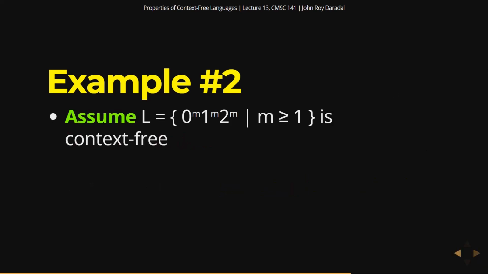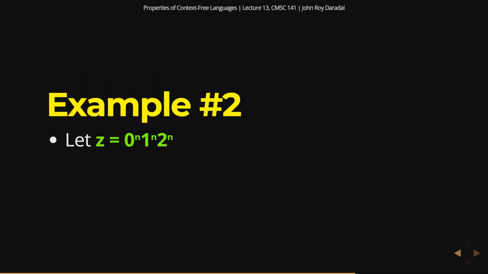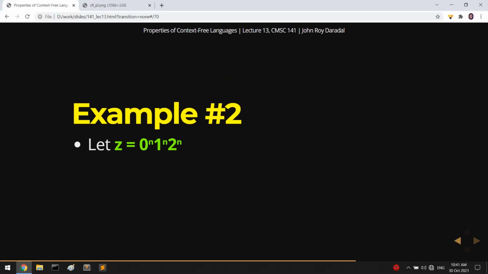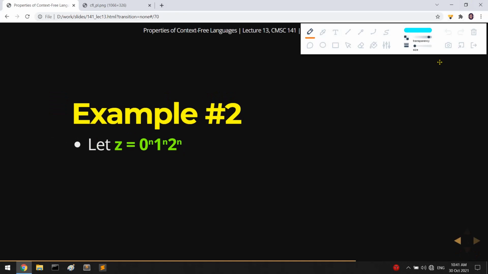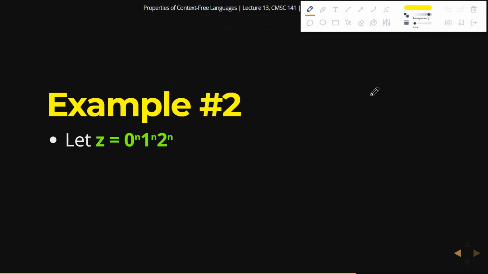So we'll assume again that this is context-free, and because of that, the pumping lemma should hold true for this language. So we'll choose a sufficiently long string, z. So we will choose 0n, 1n, 2n, because what is the length of z in this case?